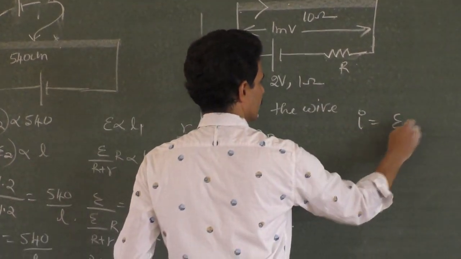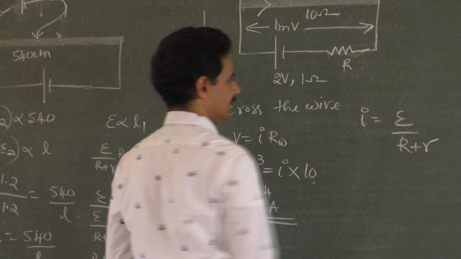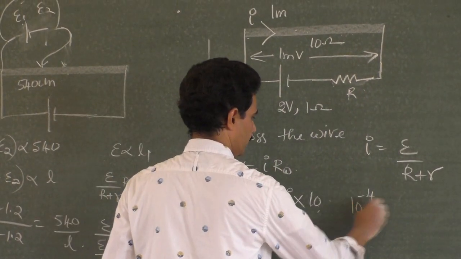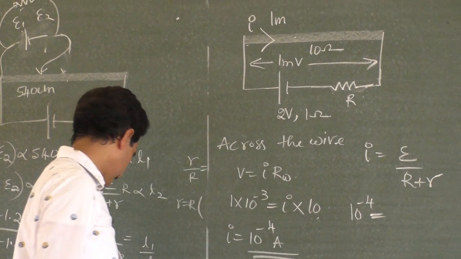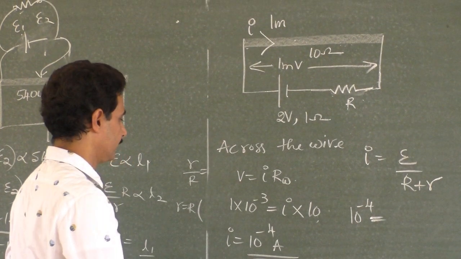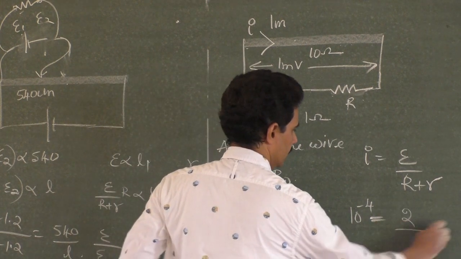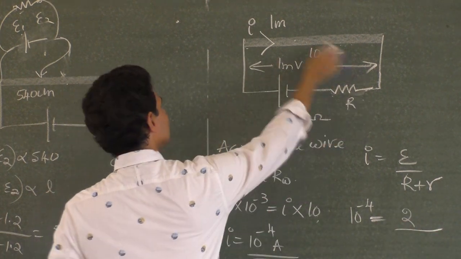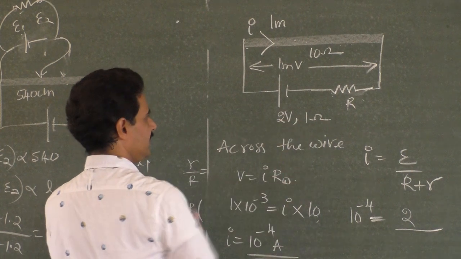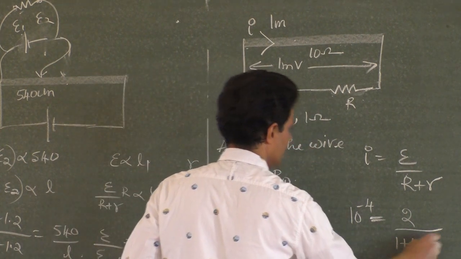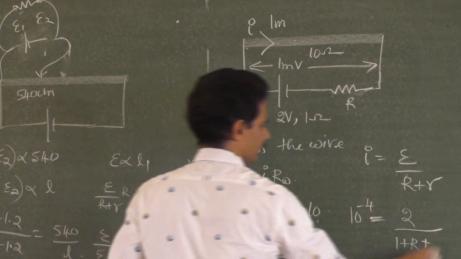I is equal to E by (R plus r). You can apply this. What is I? 10 to the power minus 4. And EMF is 2 volt, divided by R plus r, meaning complete external resistance plus internal resistance. 1 plus R plus 10 ohm.